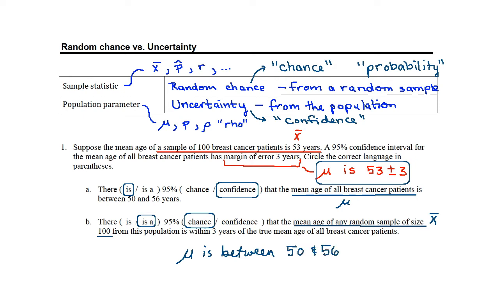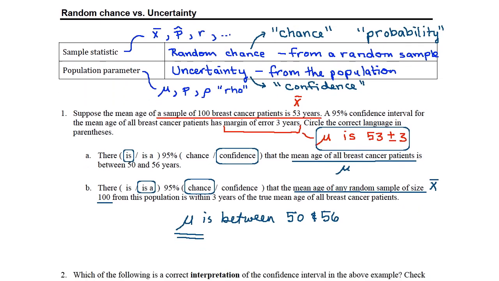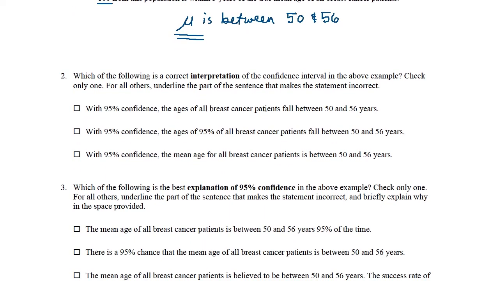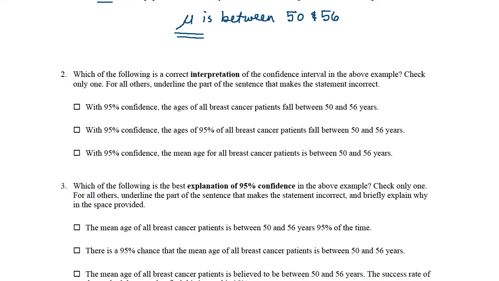When we go to interpret the confidence interval, we want to say something that is equivalent to this, where we, of course, interpret mu in context. So looking at these interpretations, we want to choose the one that really focuses on the parameter mu.